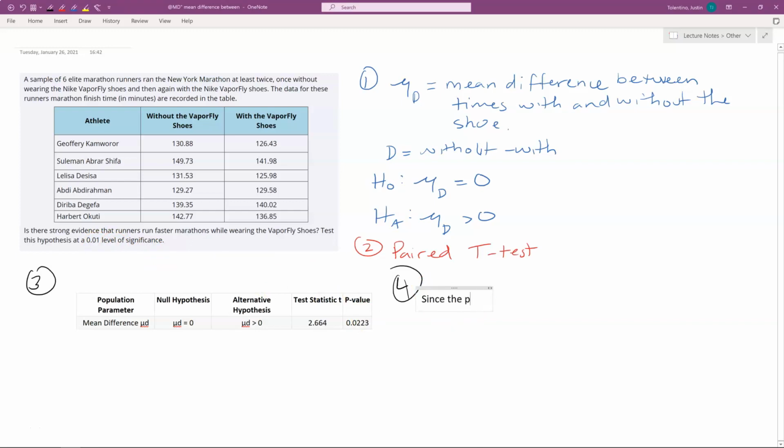Since the p-value is greater than 0.01, what does that mean for our null hypothesis? Even though this is still a small probability, when we compare it to the level of significance, we're still likely to see this data under the null hypothesis that there is no difference. So this means we're not going to reject the null hypothesis.